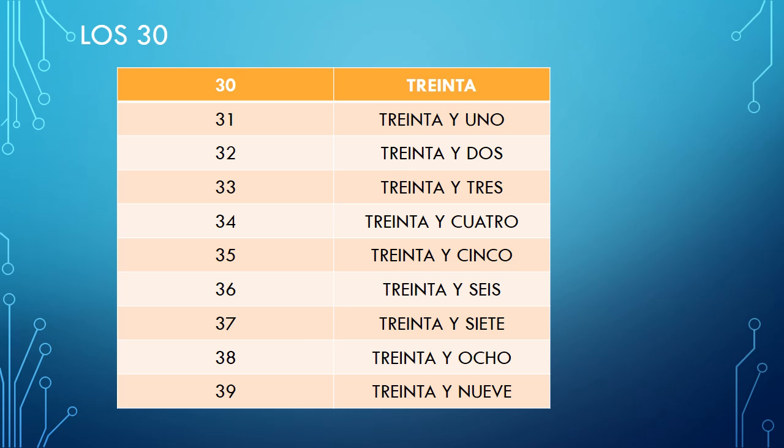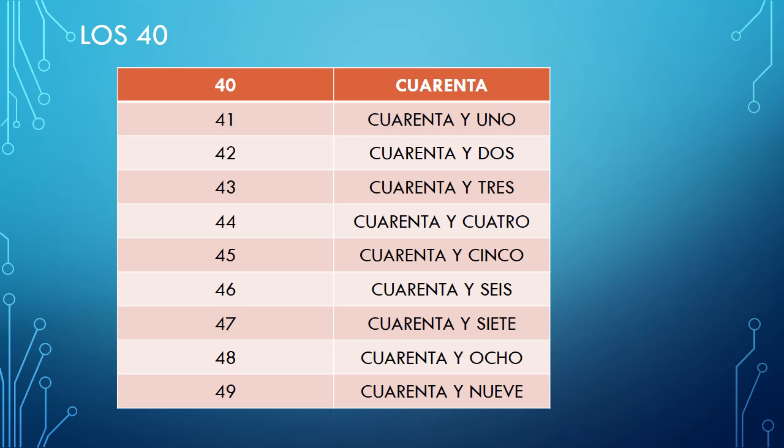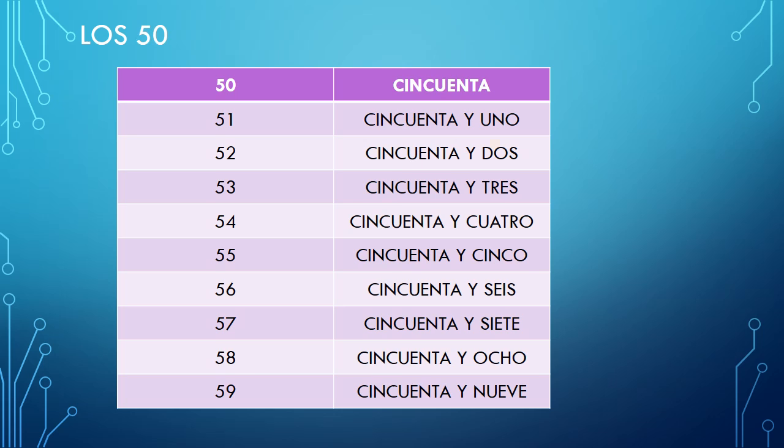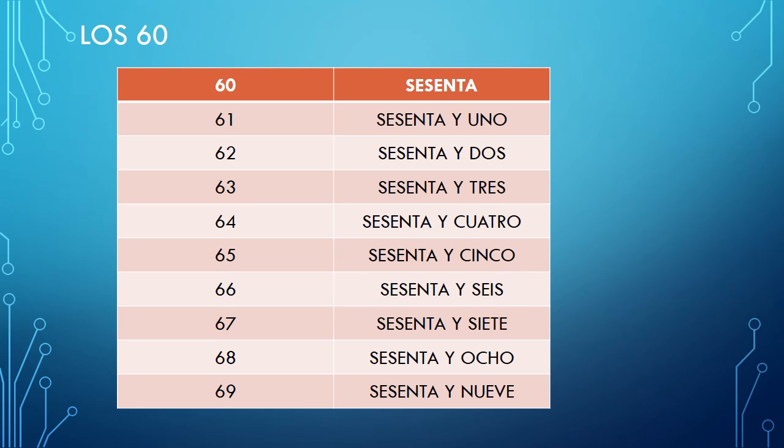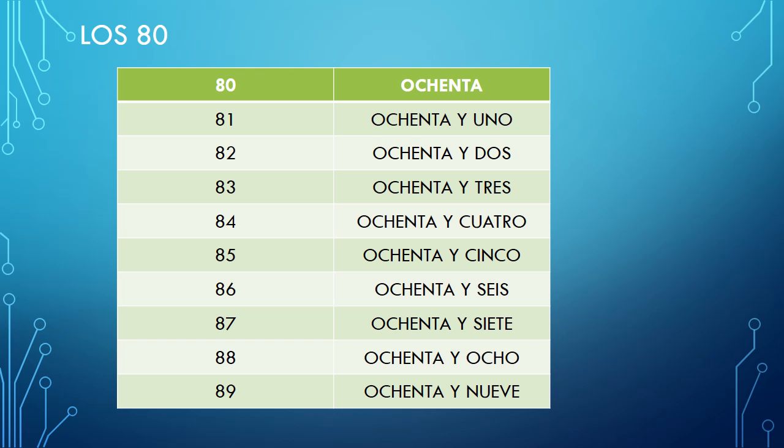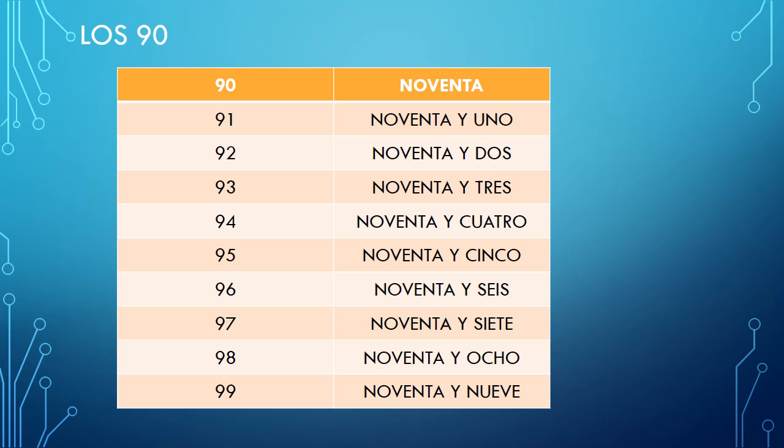Here, los 30s, we have 30, 31, 32, 33. You can see that. So 35 is 3 words, 30 and 5. Here's los 40, 44, 48, 49, 53, 55, 58, 61, 62, 63, 74, 75, 76, 87, 88, 99.